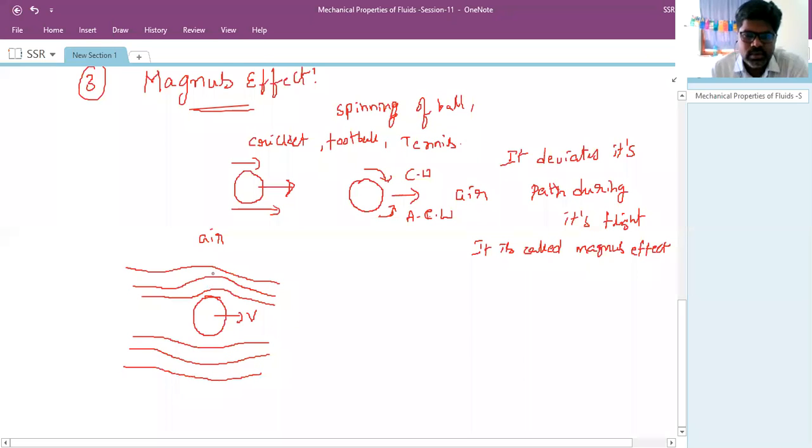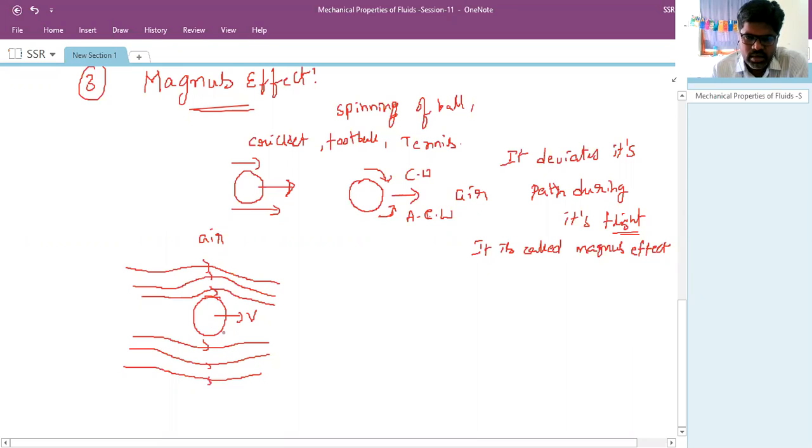One more interesting point is that whenever it is deviating its path during its flight, that is called aerodynamic lift also. Suppose if it is going upwards, then that is aerodynamic lift, which we can see later.